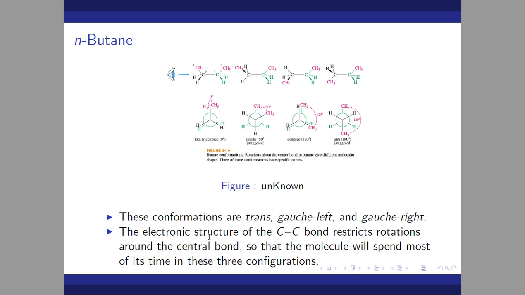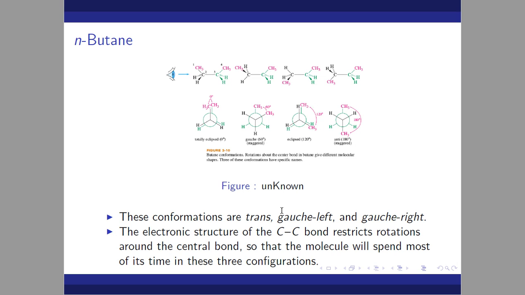The electronic structure of the C-C bond restricts rotation around the central bond. So this one restricts, so that the molecule will spend most of its time in these three configurations. So there is no 59 degree, 40 degree, 121 degree, but 60, 120, 180.